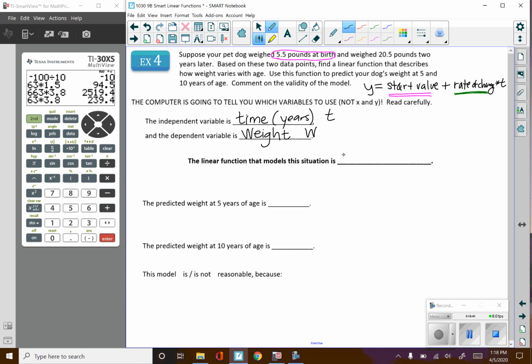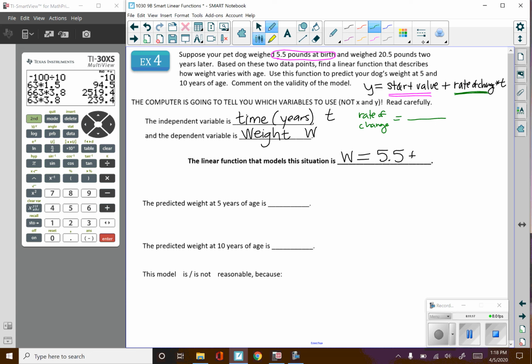So we're going to write an equation for weight. So it's going to be w equals something. Definitely we're going to start with that start value in our equation. So it's going to be w is, the puppy weighs 5.5 pounds to start, plus, and now we need our rate of change. So the rate of change here, we have to think about how much the y value changed, or in other words, how much the weight changed, and then divide it by the change in time.